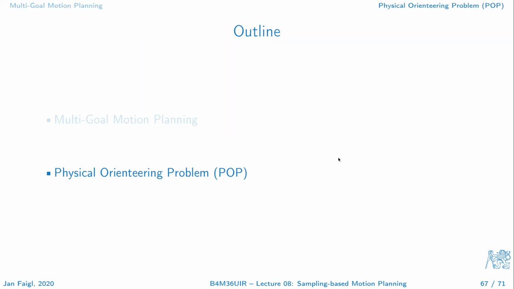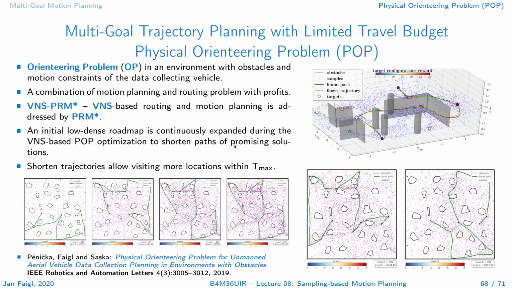We call this problem physical orienteering because we consider some realistic constraints: we have the obstacles, we have the model of our flying drone. Basically, on top of the roadmap we run the variable neighborhood search, and the variable neighborhood search informs the sampling-based part about adding more samples in a particular area, and vice versa.